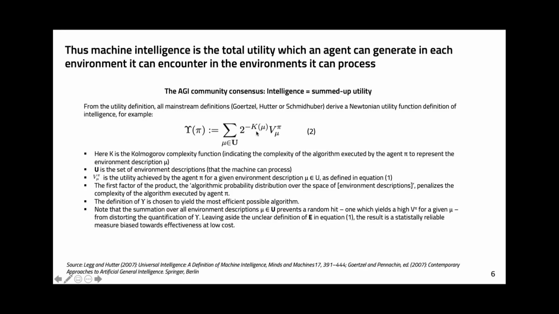That means that this is a penalizing factor. So the more steps I need, the more complex my representation algorithm is, the lower the intelligence will be. And I think that's acceptable, because if you imagine, a more intelligent individual will find it easier to achieve a goal than a stupid individual.